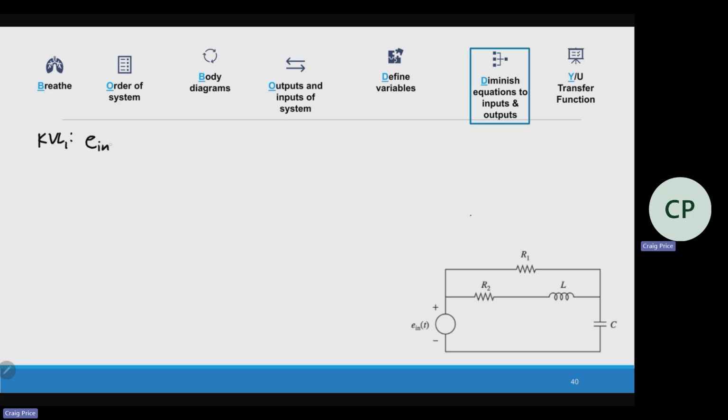We have EN is equal to ER2 plus EL plus EC. ER2, if I look at my definitions, for Ohm's law, this can change to R2 times the current, IL.